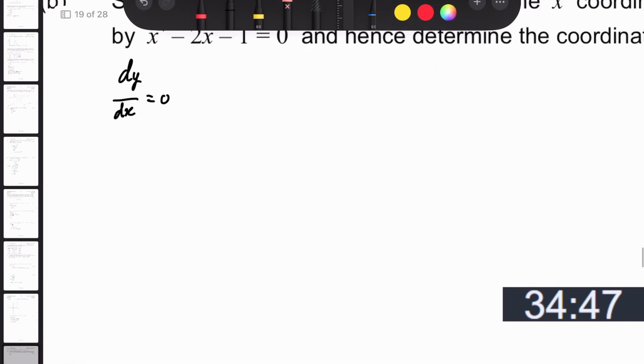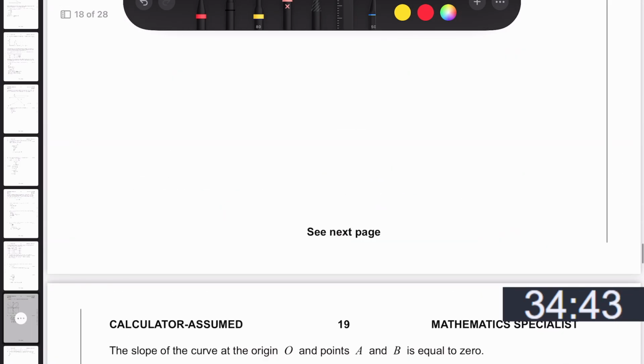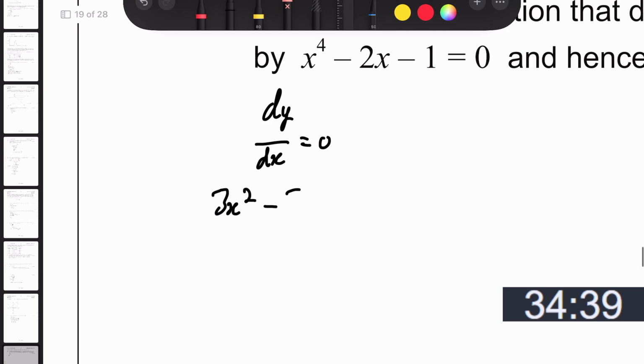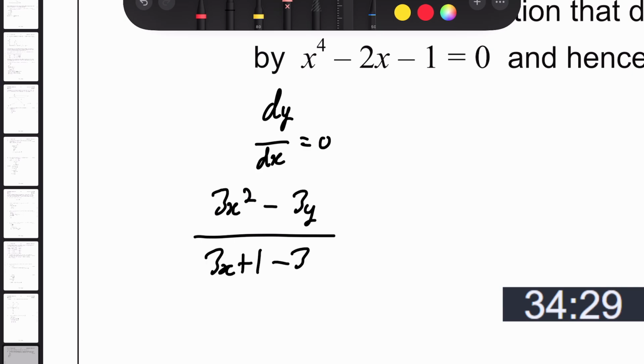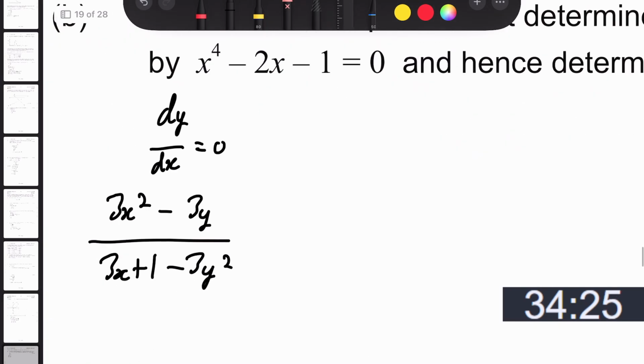Then we have that (3x² - 3y) all over (3x + 1 - 3y²). I'm just looking at my CAS calculator right now. So this will be equal to 0.